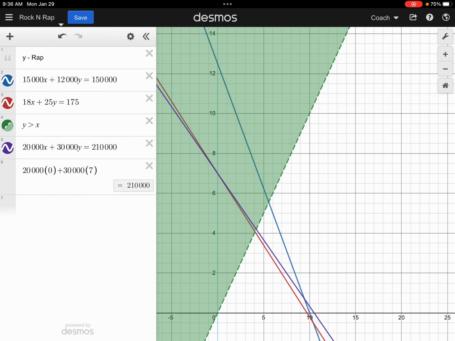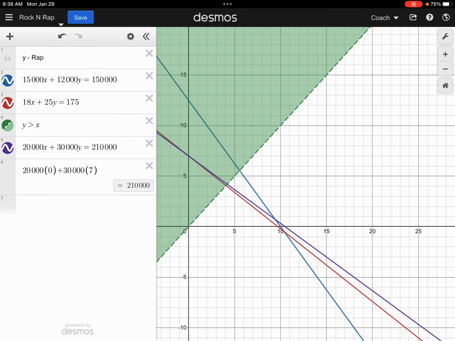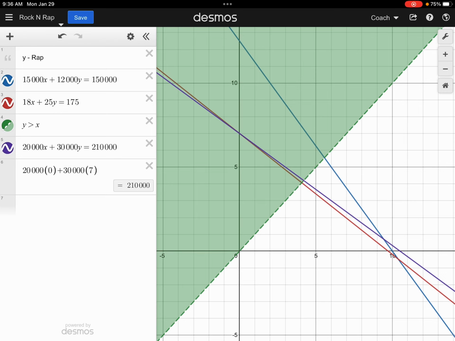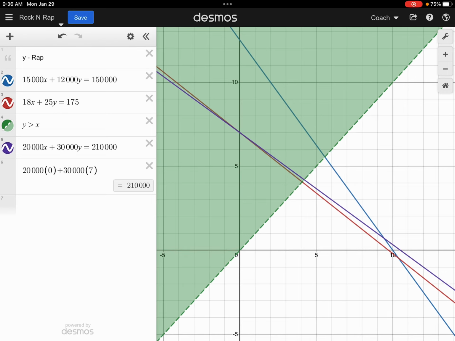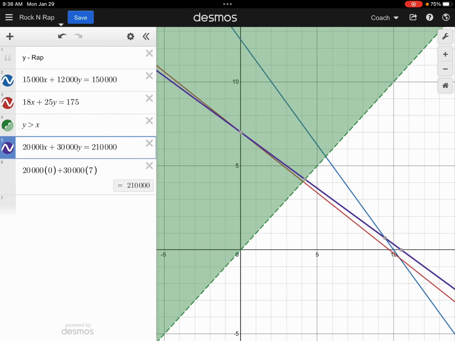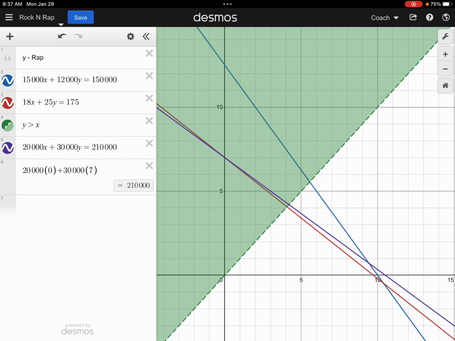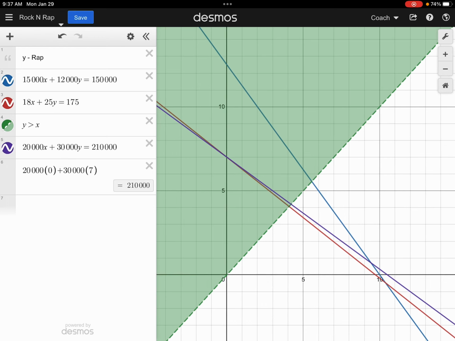All right, and that profit line goes exactly through the 0, 7, right? If I zoomed in, that purple line goes through that point, right? 0, 7. Okay, but there's a lot of space above this line that we could use.